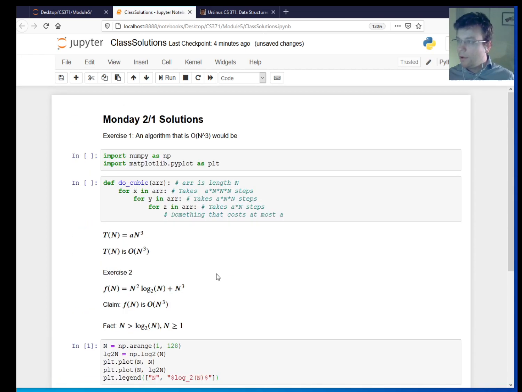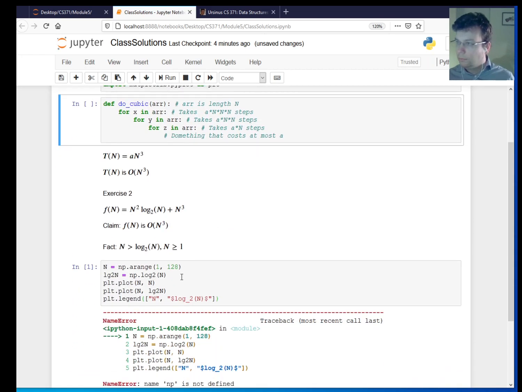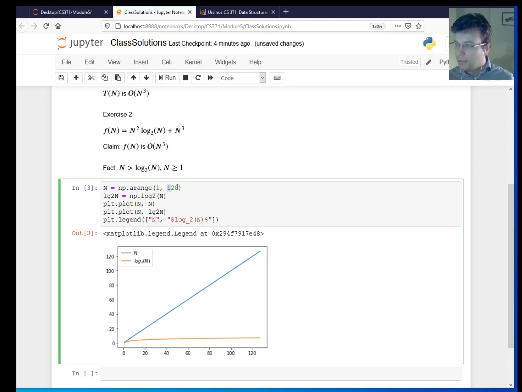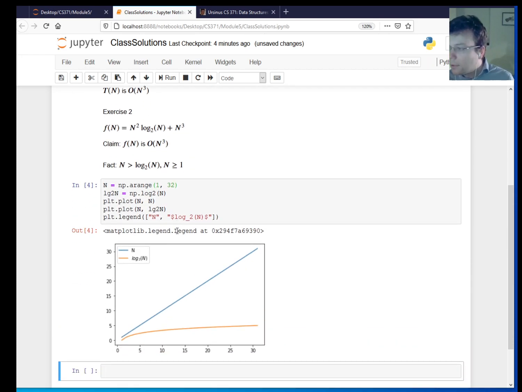So let's have a look. I need to import this first. Okay, so it's pretty clear here that log base 2 of n is completely swamped by n. Maybe I'll actually go even smaller so you can see it. Yeah, so this whole time n is completely beating log base 2 of n.